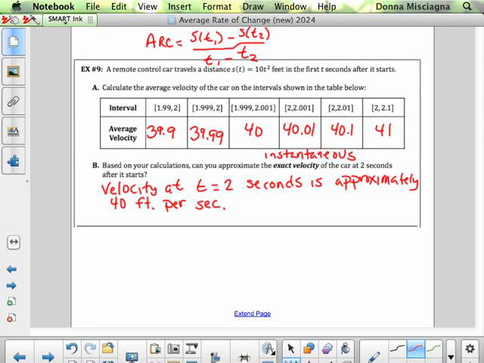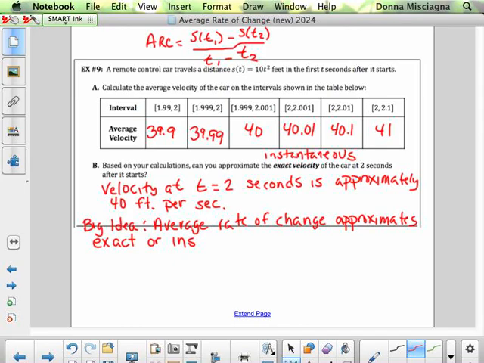And a big idea is that average rate of change approximates exact or instantaneous rate of change.